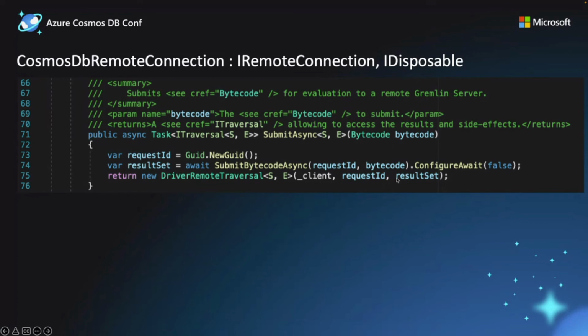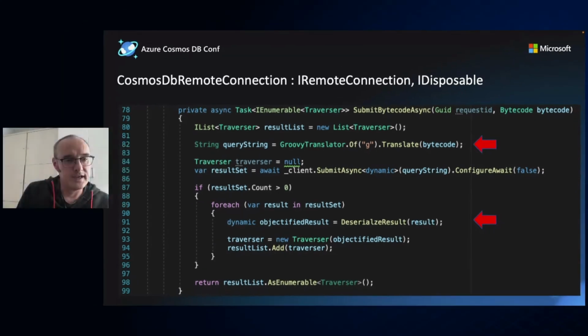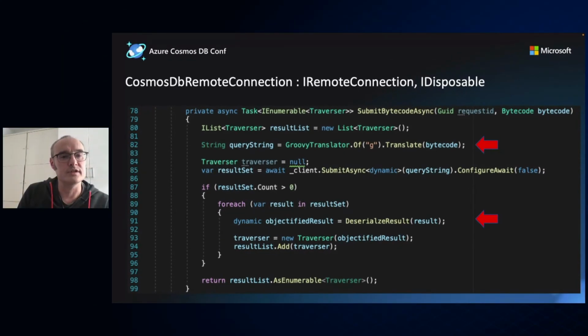But how do I handle this bytecode? What I do is quite simple. In Gremlin.NET, in the most current versions, 3.5 and 3.6, there's a so-called Groovy translator, which is able to create a string representation of the bytecode, which can be really sent to the Cosmos DB as a query.